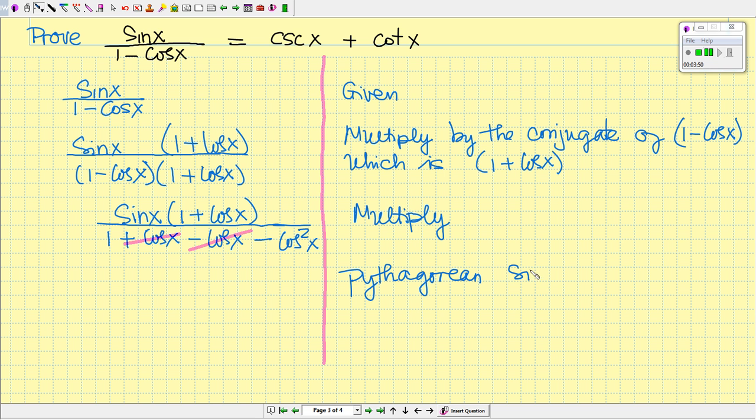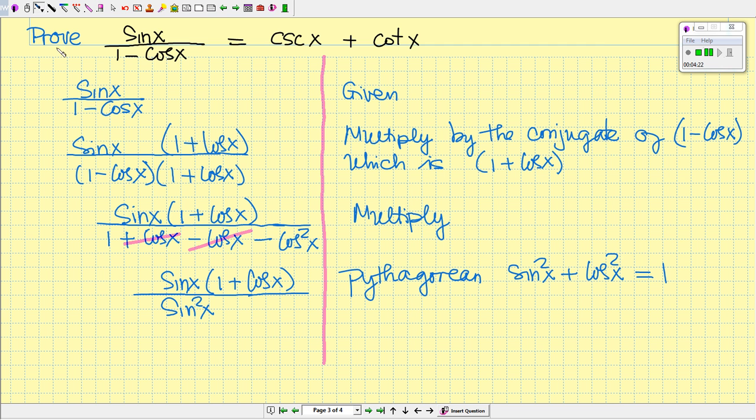Since we know that sine squared x plus cosine squared x equals 1, therefore we can conclude that 1 minus cosine squared of x will give us sine squared of x. So that will be our denominator. And then the numerator, we just bring it down, so copy it down: sine x times 1 plus cosine of x.